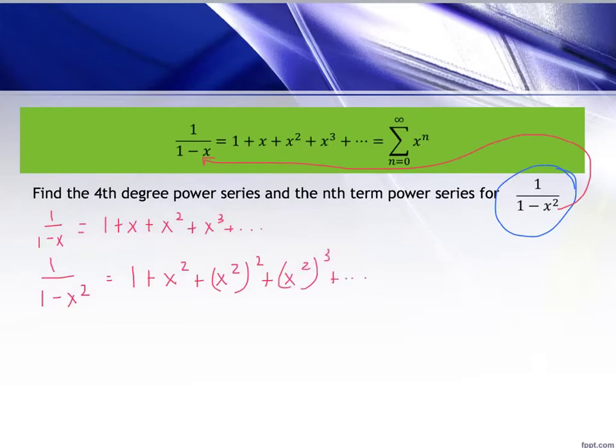Now, I only want the 4th degree power series. So if I put the 4th degree, that would be 1 plus x squared plus x to the 4th. Now, I am going to just go back, just so when I get ready to do my general power series, or my nth term, I'm going to recognize that that's x to the 0.